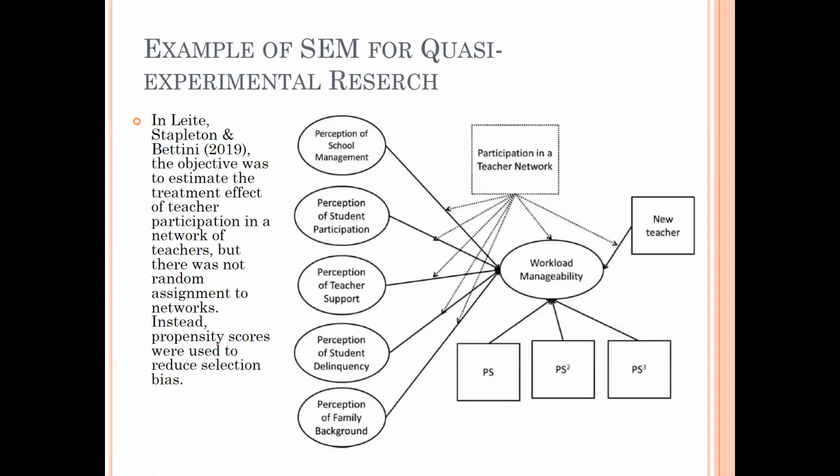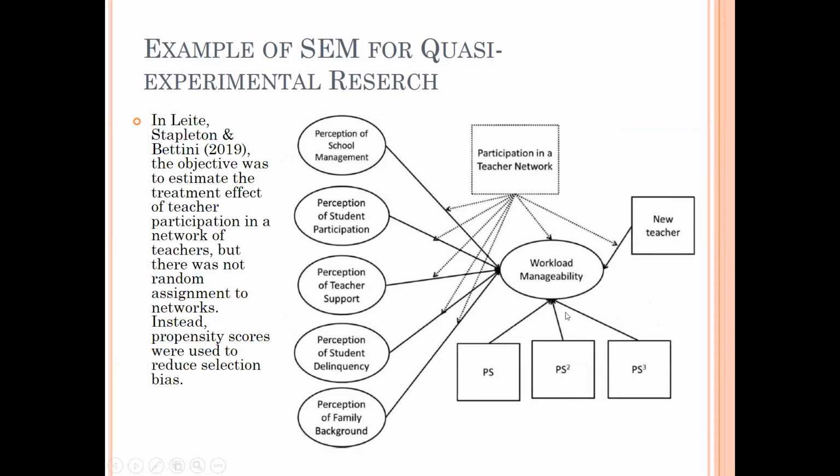This is an example of SEM for quasi-experimental research. In Leite, Stapleton, and Bettini, the objective was to estimate the treatment effect of teacher participation in a network, which is shown here. This is a latent variable model. These are latent variables here, perception of school management and others that predict workload manageability.